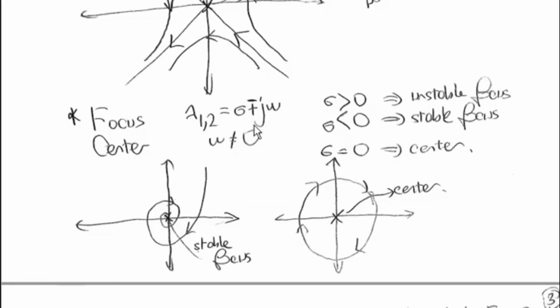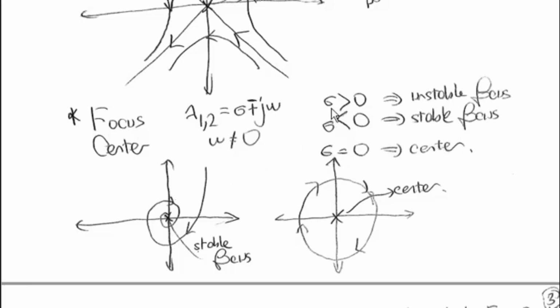So in this case we actually have a focus if we have just complex eigenvalues, or a center if the real part is equal to 0. If the real part is non-zero, we have a focus, and if the real part is 0, we have a center type of equilibrium point.